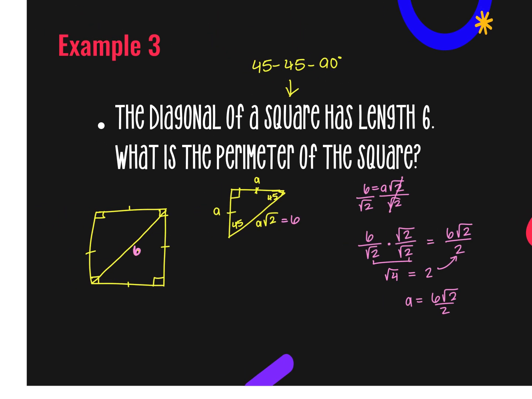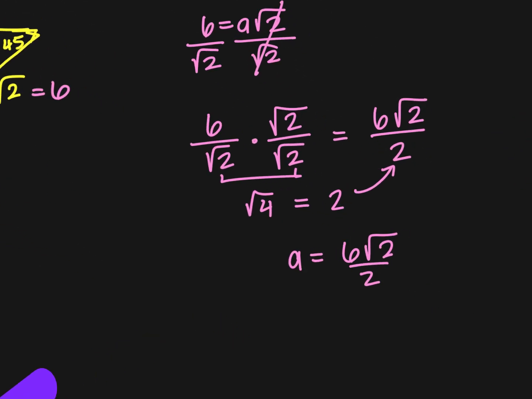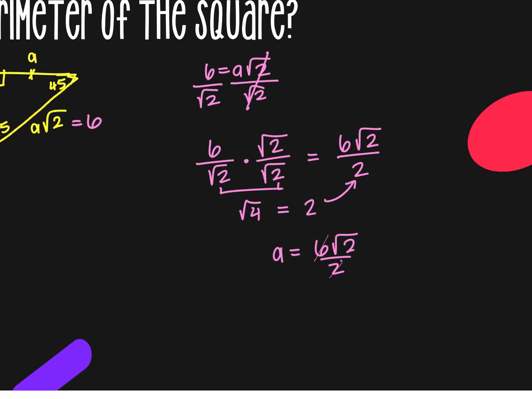And a square has how many sides? 4 sides. 6 radical 2 over 2. Wait, I could simplify it. You're right. I'm going to simplify it. Thank you for catching that. After I wrote it down, I realized A is going to equal 3 radical 2.